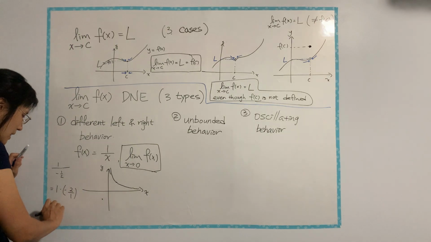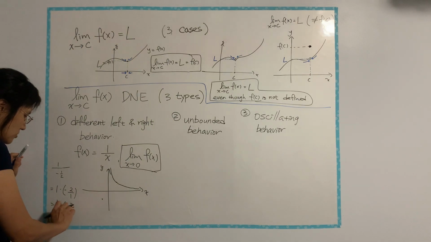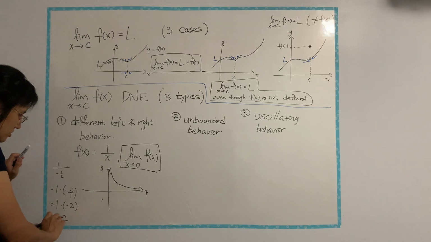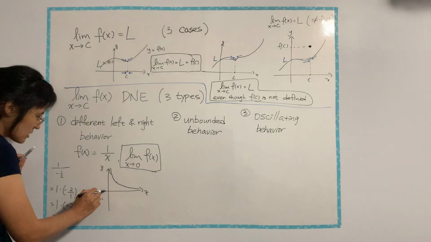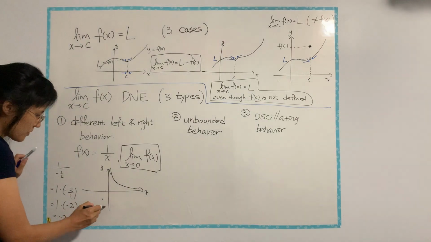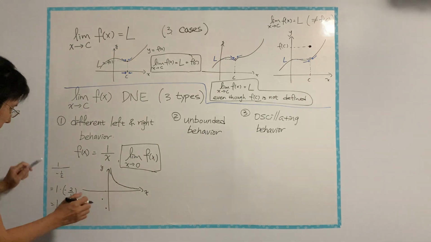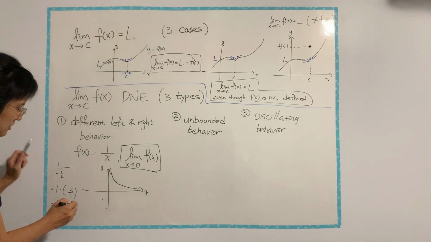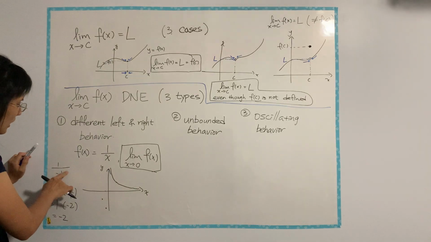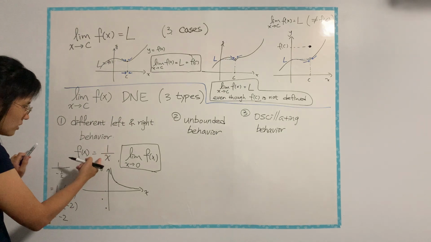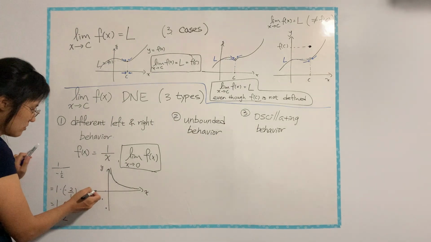So it's 1 times minus 2, so I get -2. Okay? So when x equals -1/2, the y value gives me -2, like that. Okay? And when x equals -2, then I get 1 over -2. So that's equal to -1/2.